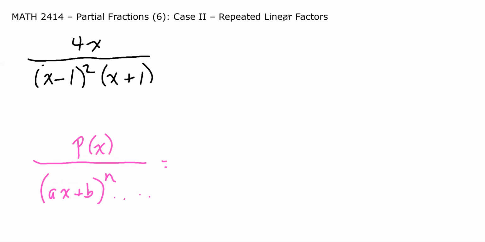Specifically, we would need to set up a partial fraction for the linear factor with its power. Then we would need to set up another partial fraction. Let's subscript these numerators. We'll call this one a n since it's the nth power linear factor. And then we would need another partial fraction for the next highest power less than that.